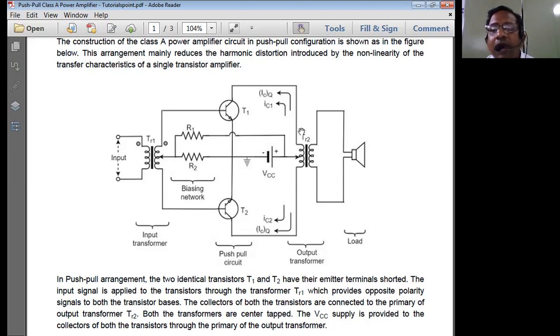But no problem, at the output side we are going to have a transformer. This transformer is going to cancel out the voltages, because the difference of the currents coming at the output of the transformer is simply transmitted to the loudspeaker by the secondary of the output stage.